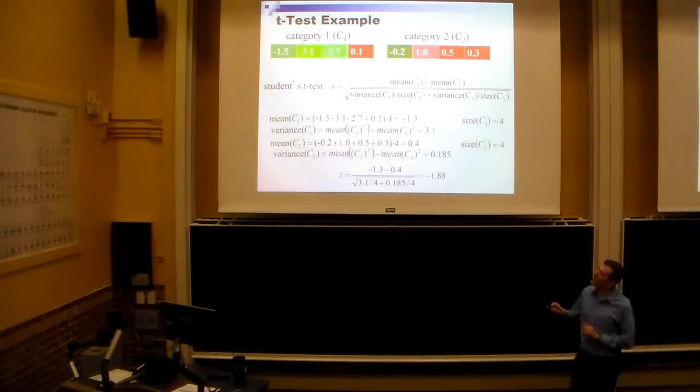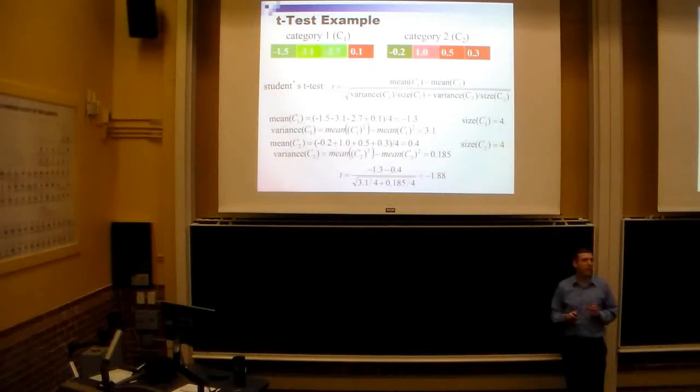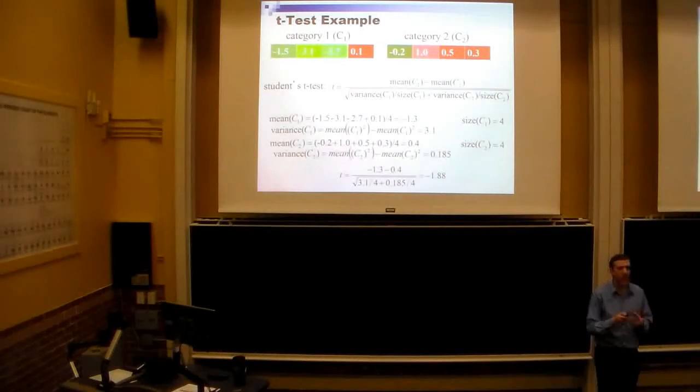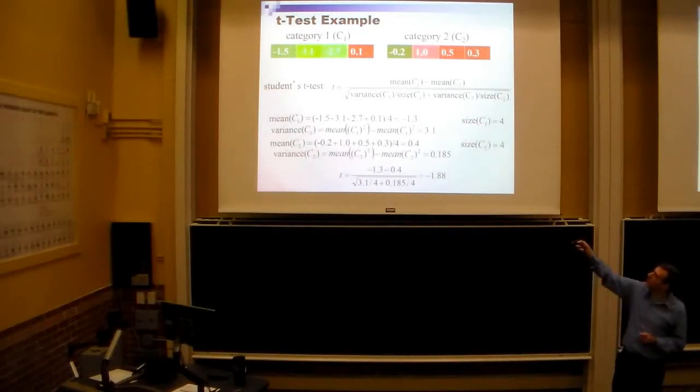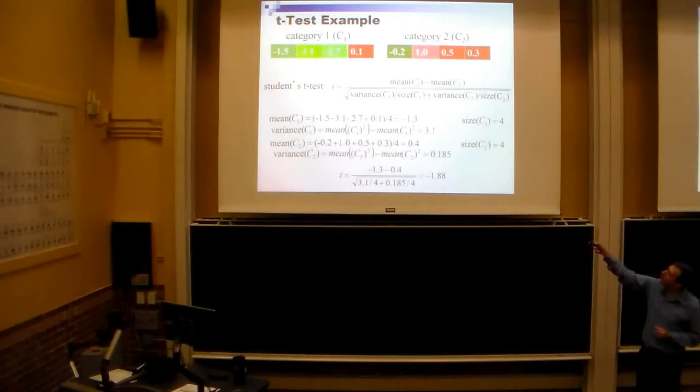As I've mentioned previously, you will usually look at expression values as a log ratio of the sample to some average control value. So you generally see numbers that are more or less in the range of -5 to +5. Maybe category 1 is -1.5, -3.1, -2.7, and +0.1, and category 2 is -0.2, +1, +0.5, +0.3.